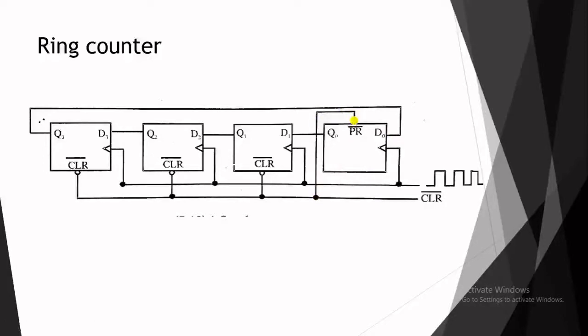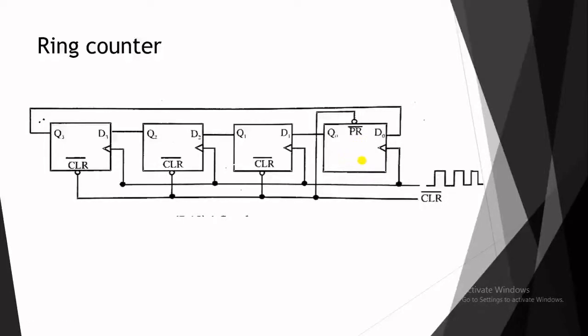So here clear goes low. When clear goes low, the first D flip-flop output goes high and the other flip-flops' outputs go low, because the first flip-flop is connected to the preset signal.